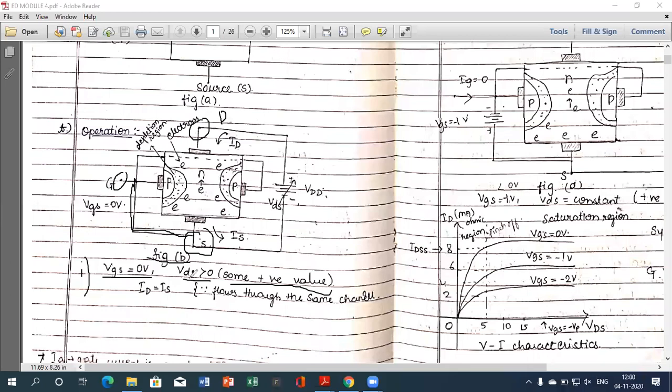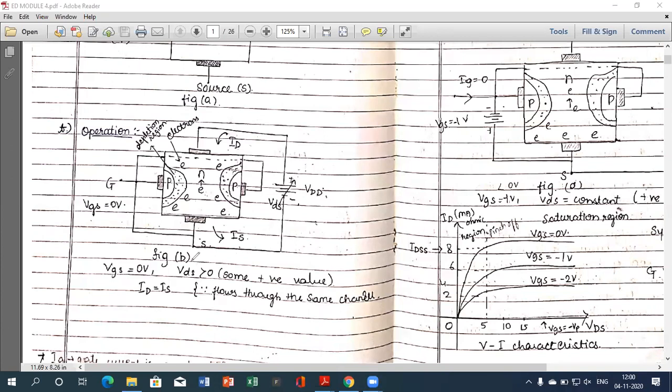The second condition is that VDS should be greater than 0 volts. To achieve that, I have taken an external DC voltage, which I call VDS, where the positive terminal is connected to the drain and the negative terminal is connected to the source. By doing this, we can achieve the first condition.